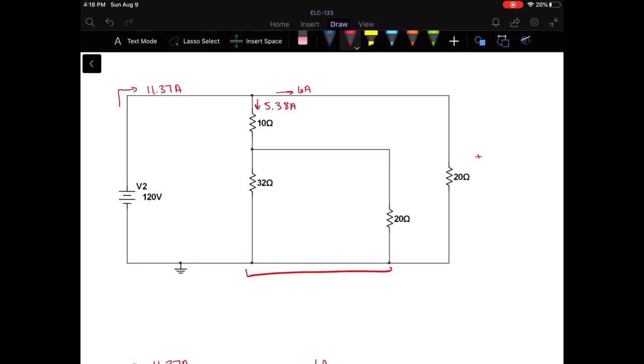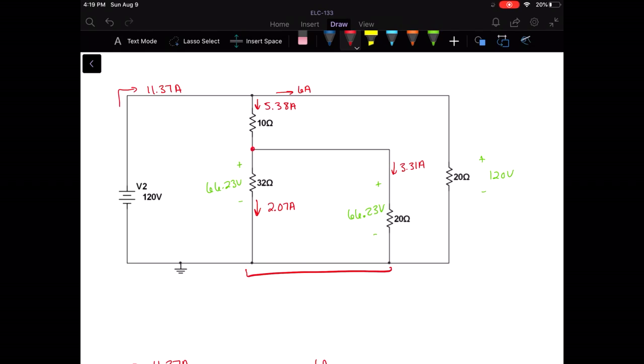We still have our 120 volts here, and the 66.23 is now the same voltage drop across each of these parallel branches, which will allow us to find our current. 66.23 divided by 32 ohms gives us our 2.07 here, and 66.23 volts divided by 20 gives us 3.31 amps here, which should add up, the 2.07 plus the 3.31, to the 5.38.